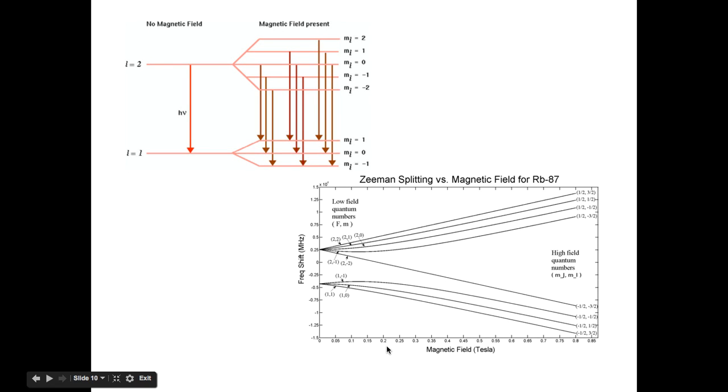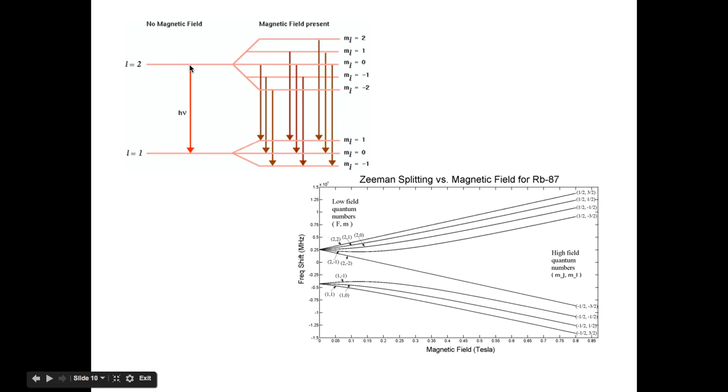Okay. And then finally, I just wanted to show you some pictures of the Zeeman effect. These are just pictures I pulled off the web. So you can see this is a case where before the magnetic field, you have two states, right? An L equals 1 state and an L equals 2 state. And this is showing the energy difference between the two.